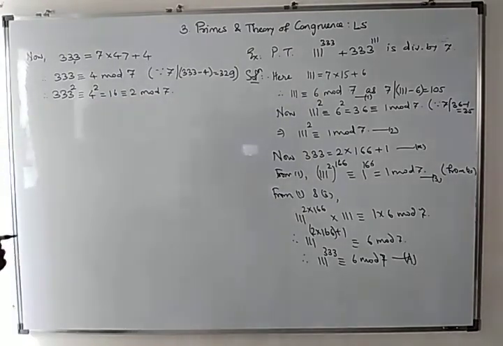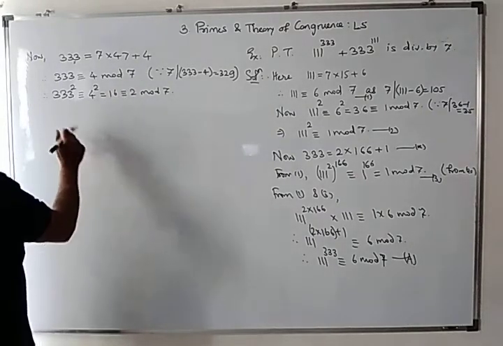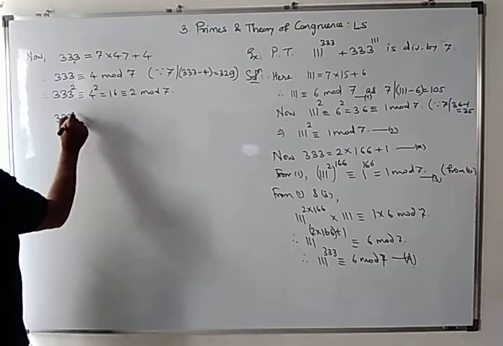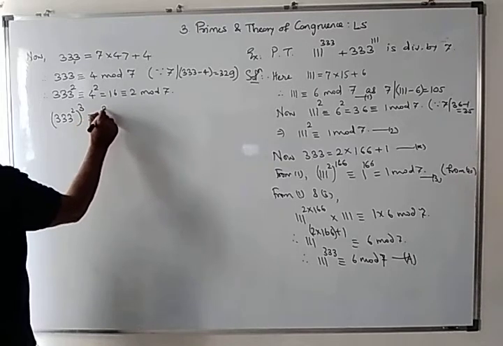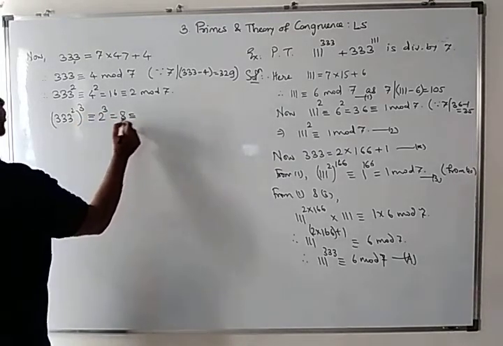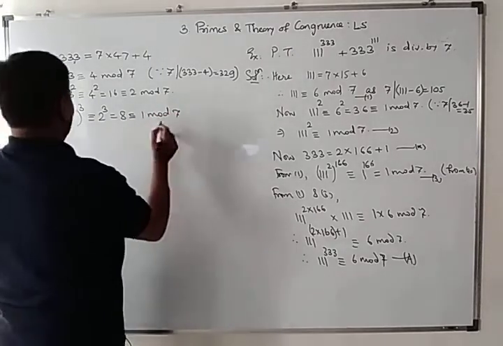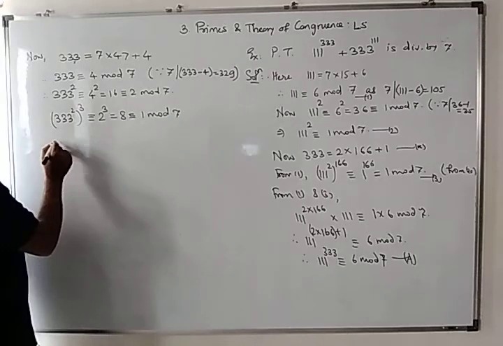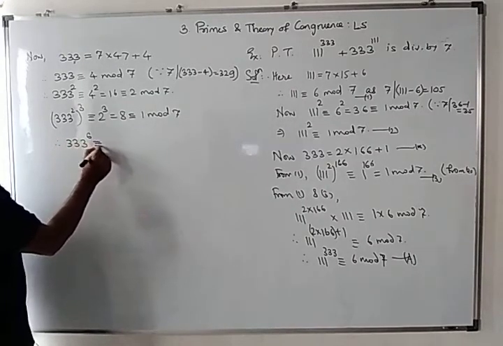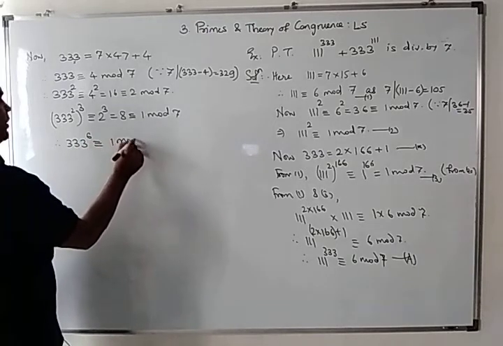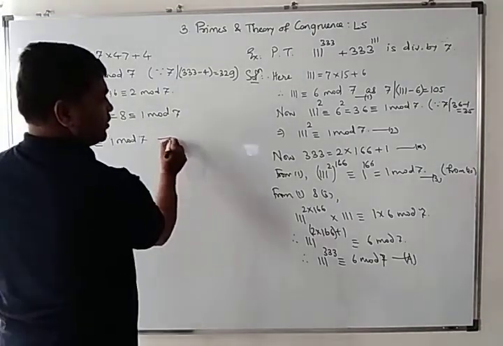Now if I take its power, 2 cube, 2 raised to 3 is equal to 8, which is congruent to 1 mod 7, right. So 4 raised to 6 is congruent to 1 mod 7. This is your 4.